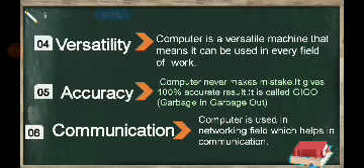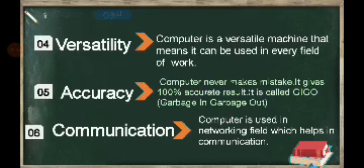In computer terminology we call it GIGO, garbage in, garbage out. This means if you give wrong instruction or wrong input to the computer, it gives you the wrong output. If you give garbage in, it gives garbage out. That is called the accuracy of computer.